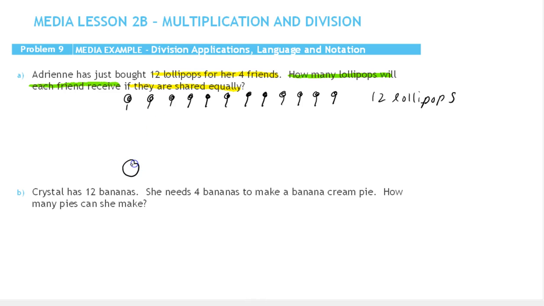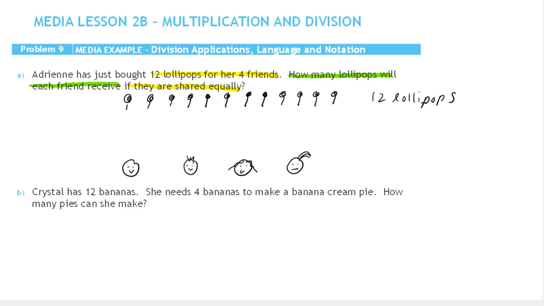So let's put the 4 friends down here. As you can see, this is why I didn't go to art school. Okay, so we want to take these 12 lollipops and share them equally among these 4 people.